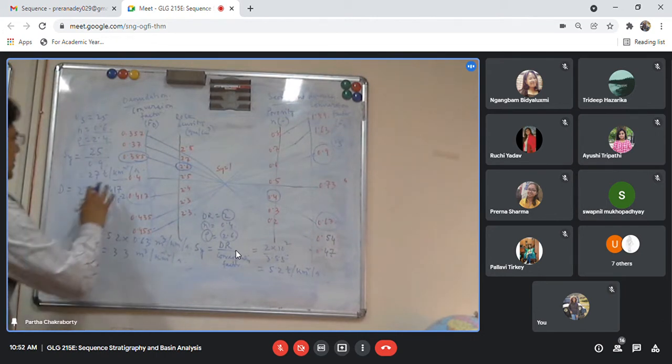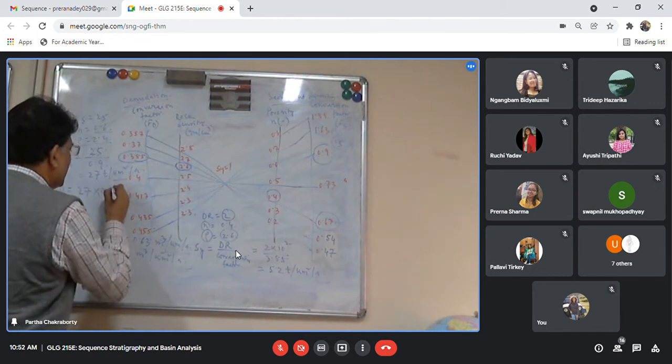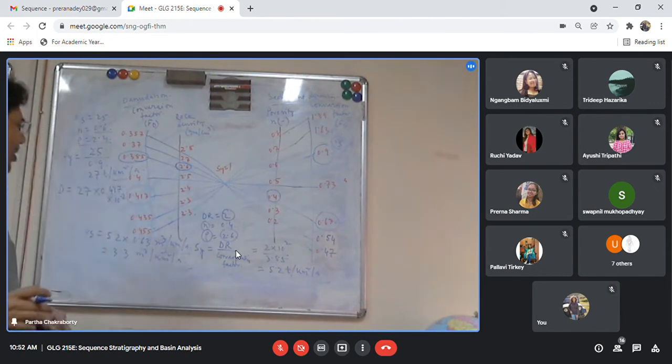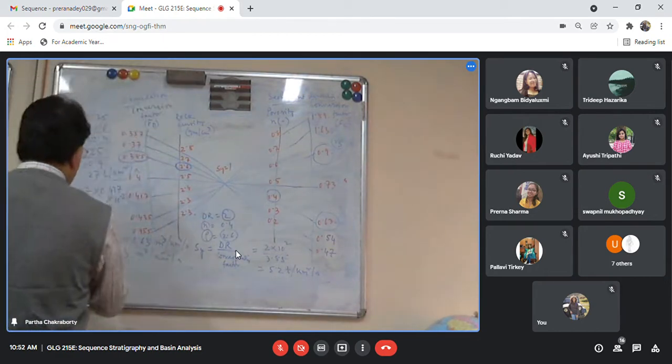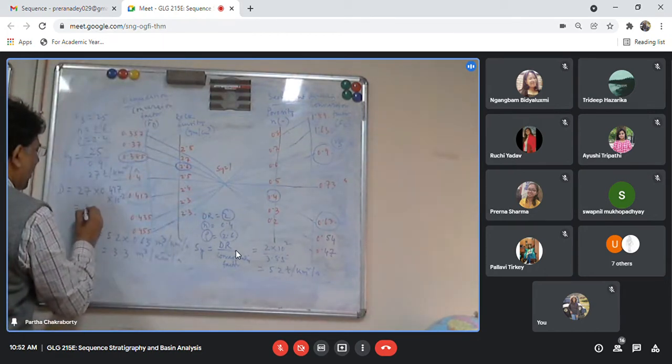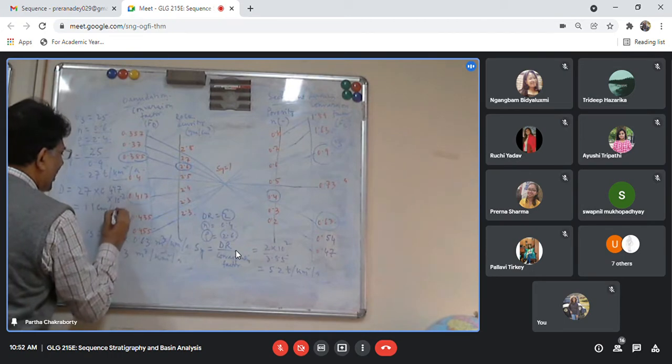Sorry, it will be 4.17, it is multiplied by 10 times. It will be always 10 times multiplied. Then if you do it, this will be 1.1 centimeter per kilo annum.